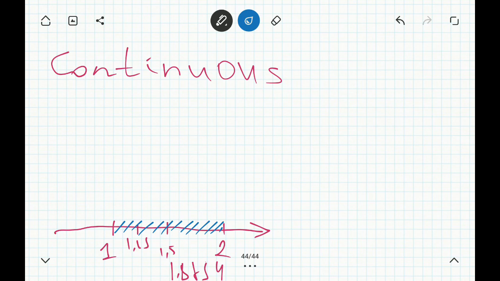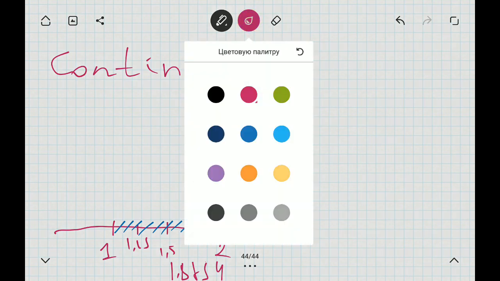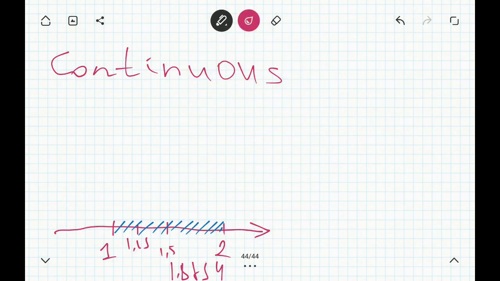And how many such numbers are there? Well, we know the answer. There's infinitely many. You can't say that there are 100 numbers between 1 and 2, or that there are 1,000 numbers between 1 and 2, or that there are million numbers, and so on. There are infinitely many. That's one of the main properties of continuous random variables.